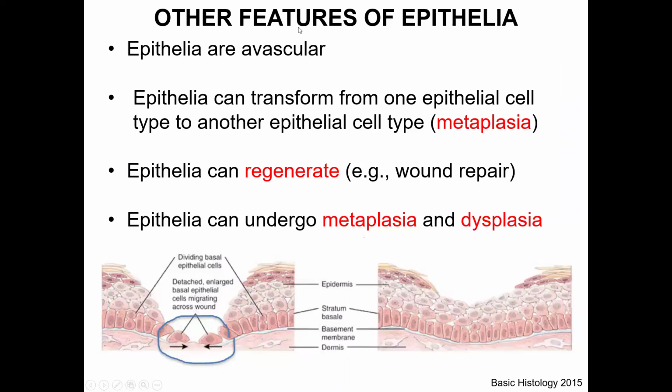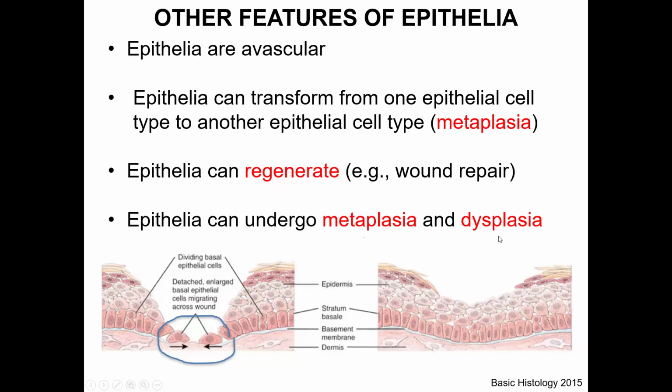To recapitulate, features of epithelia are that they are avascular, and they can transform from one epithelial cell type to another in the process of metaplasia. They can easily regenerate, so wounds are repaired easily, and they can undergo not only metaplasia but also dysplasia.